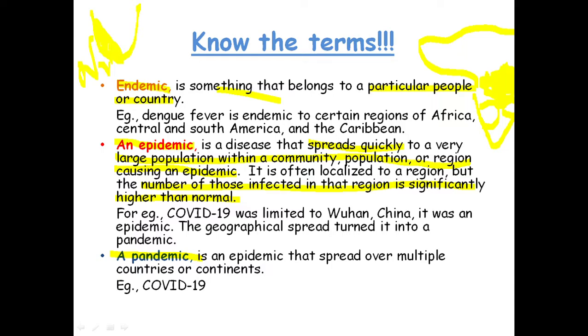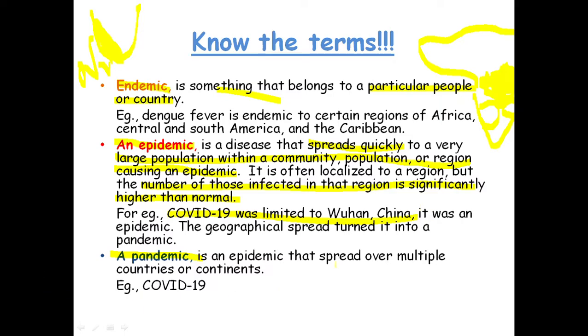Now if I talk again about India, it was Nipah virus in Kerala. Now in 2019, COVID-19 or corona was limited to China, but after December, January, it spread, crossing all the geographical barriers and became pandemic to the overall world.